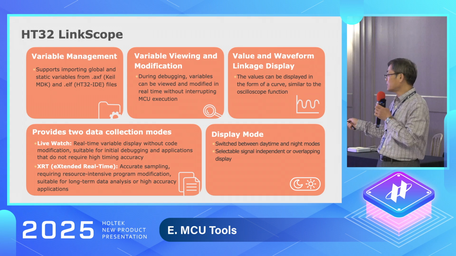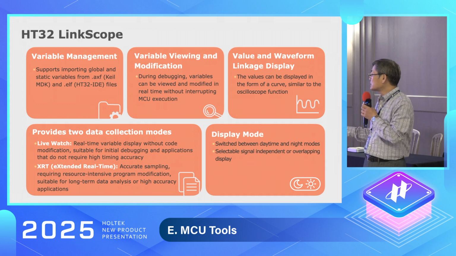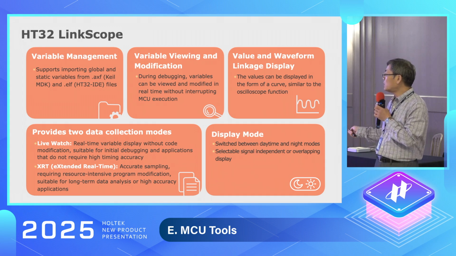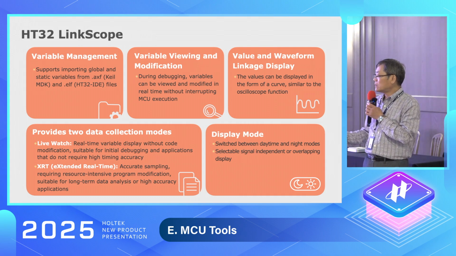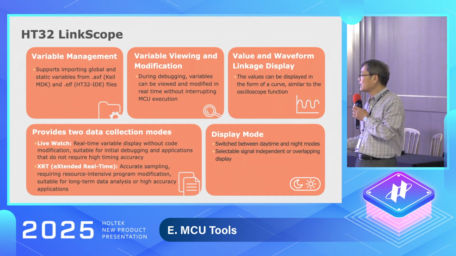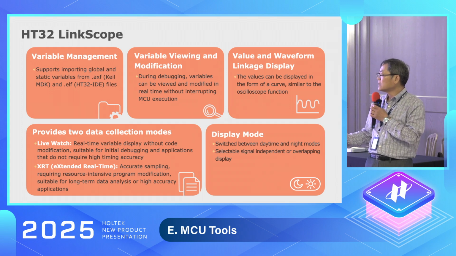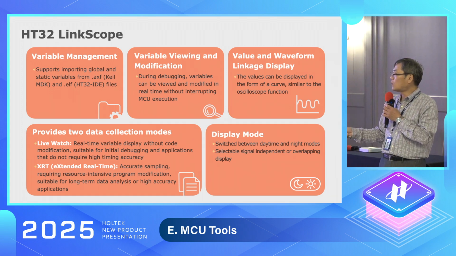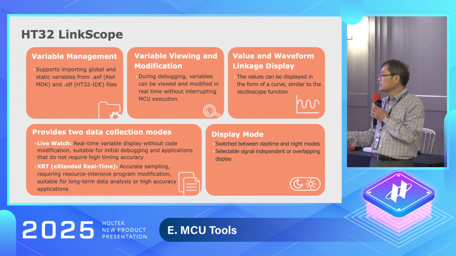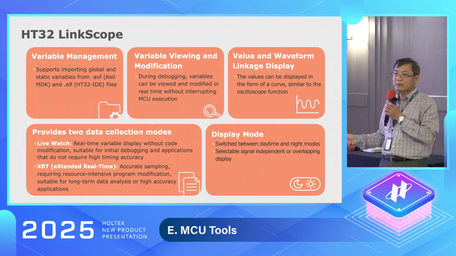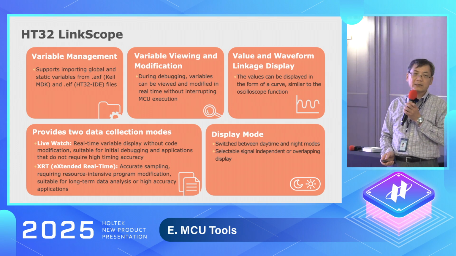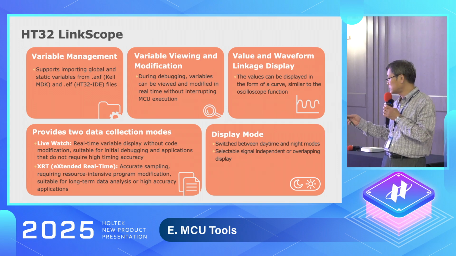You can switch display mode, daytime mode, or nighttime mode. And Holtek provides two different kinds of data collection. Live Watch is more real-time. Extended real-time means if you need more accurate data, you will use this mode.